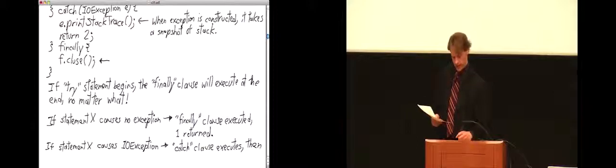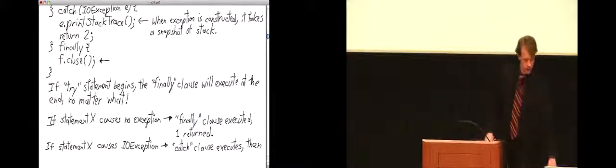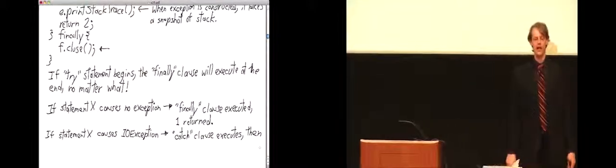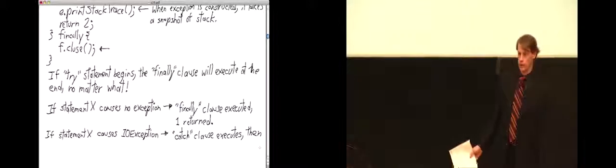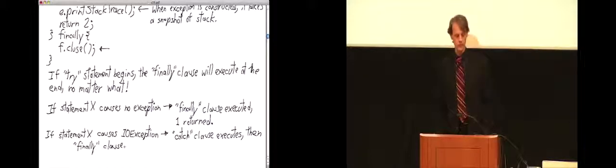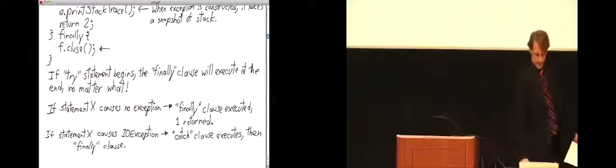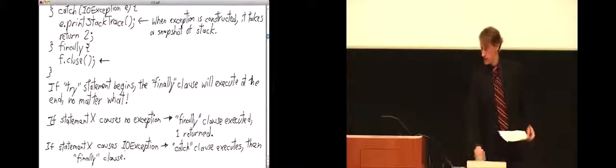And then, after the catch clause is finished executing, well, I told you the finally clause executes no matter what. So now we're going to execute the finally clause. And if you look in the catch clause, you will see that it ends with return 2.